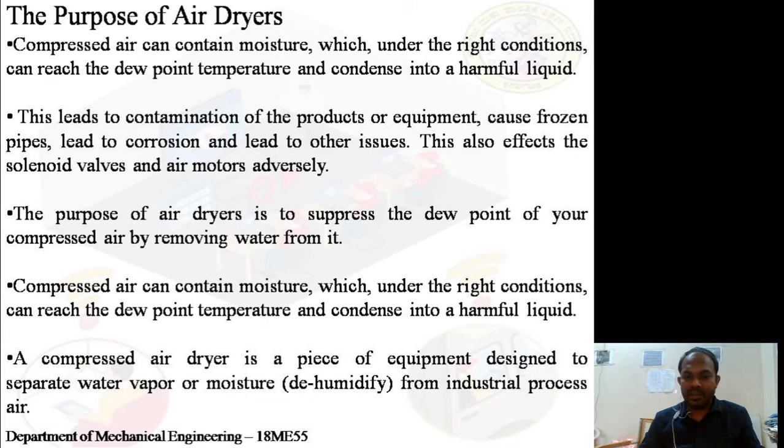Compressed air can contain moisture which, under the right conditions, has to be removed. A compressed air dryer is a piece of equipment designed to separate water vapor or moisture, and this process we also call dehumidifying. That means we are removing the humidity present in the air, for industrial purposes.